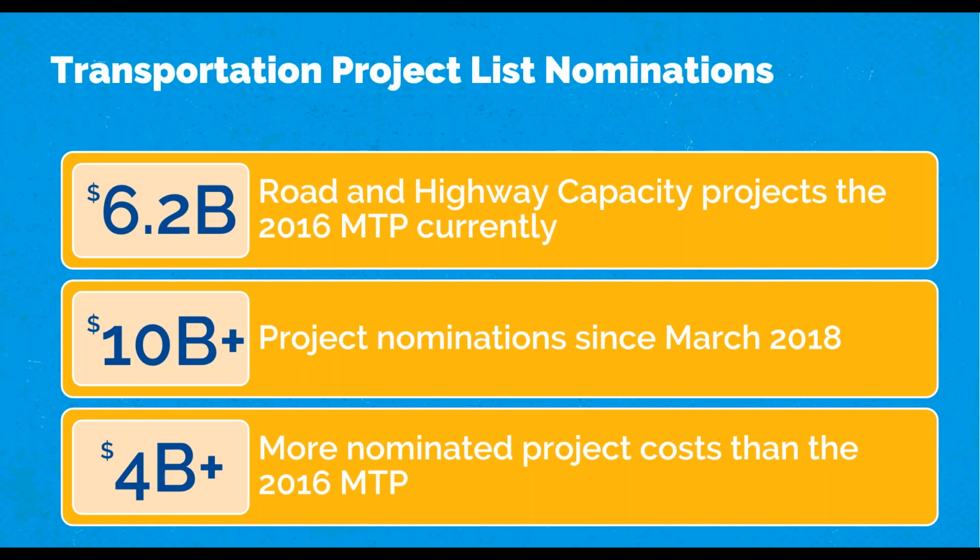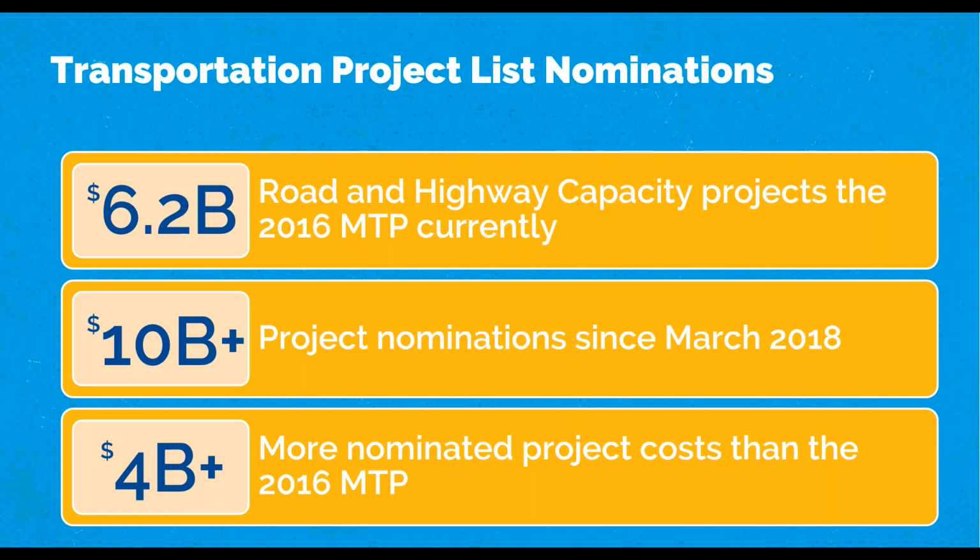And this is part of the reason we do a discussion scenario. It's to have information to you and to the board so that we can make a performance-based decision on where we're prioritizing our expenditures. So our project nominations came in at well over $10 billion in costs. The current plan has about $6.2 billion in road and highway capacity projects.